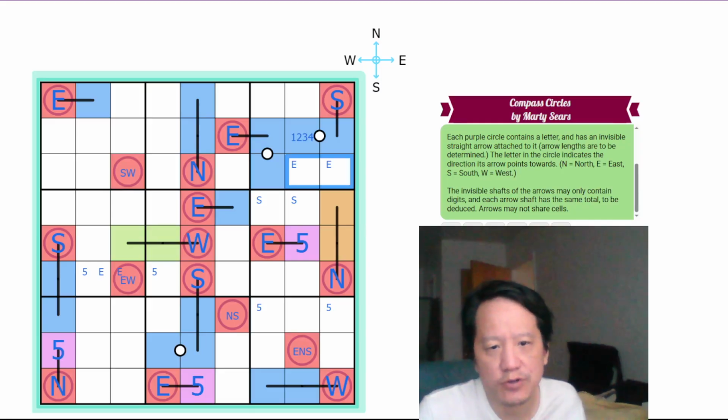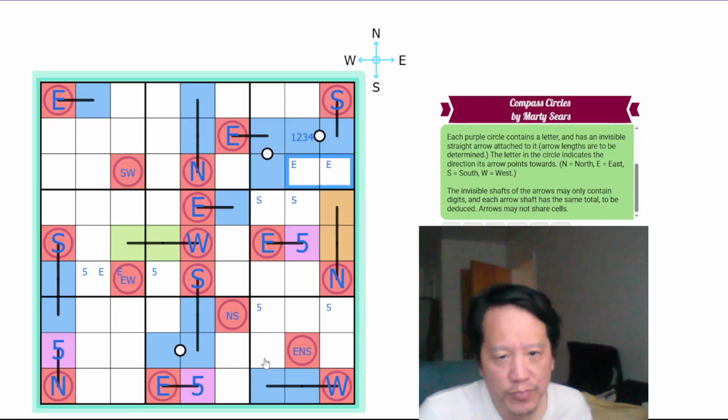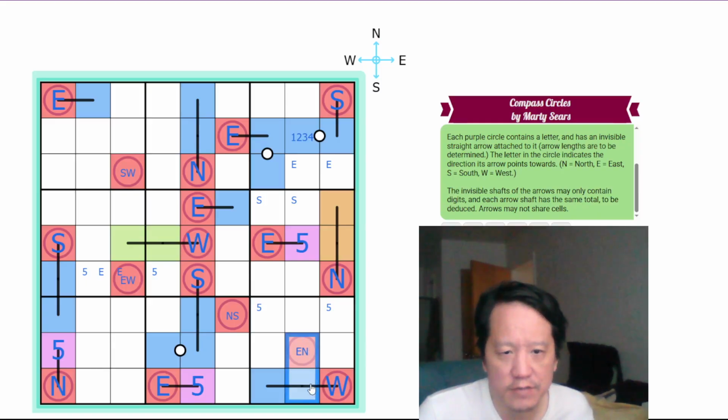East has to be one of these two. This can't go south. It would be sharing its cell with this arrow. This can go east or north. It cannot go east, though. That would be a singleton digit, so this has to be north, which means this goes 2 that way. Cannot be orange as a pair. Actually, could be. We don't know which one these are. These are blue.